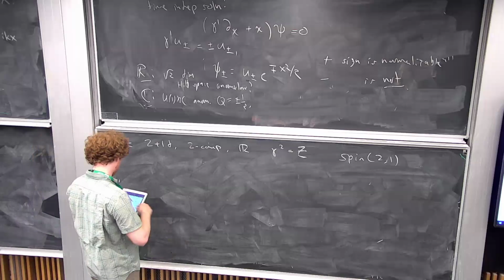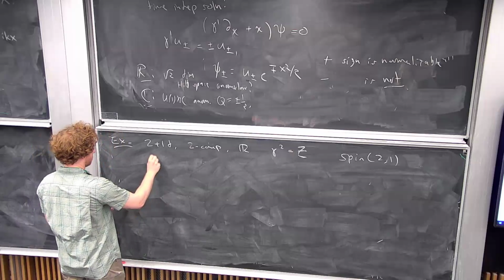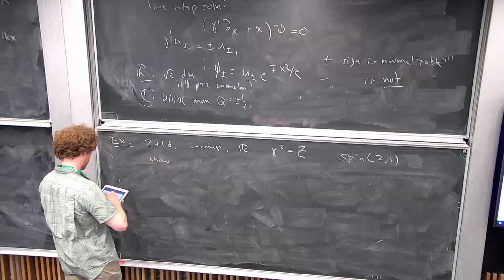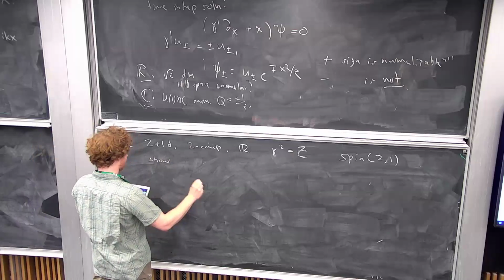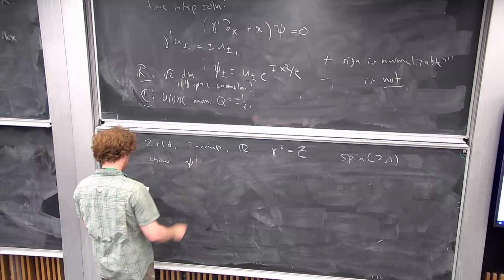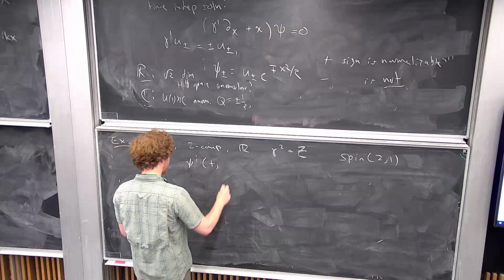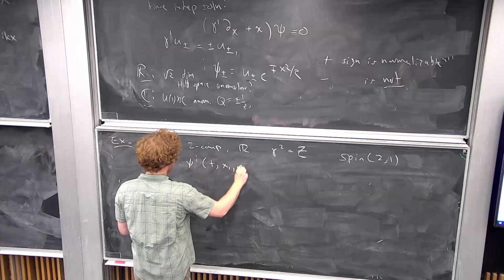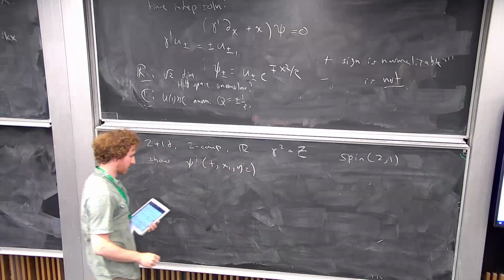And now show that psi, following our convention for the row defect, we're going to have a t, an x1, and a y2.